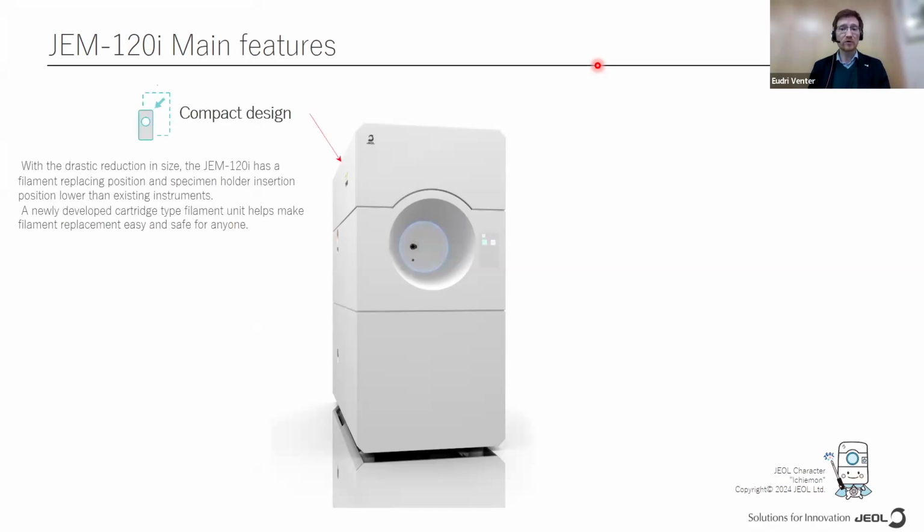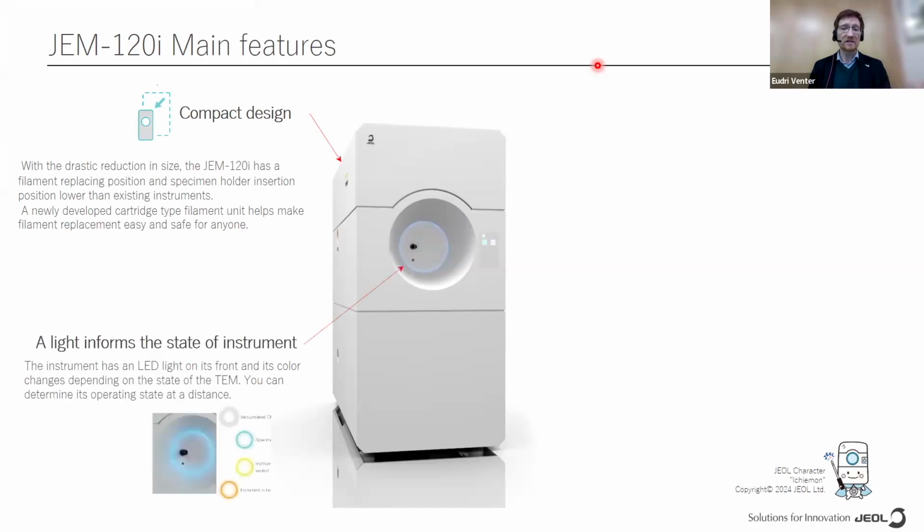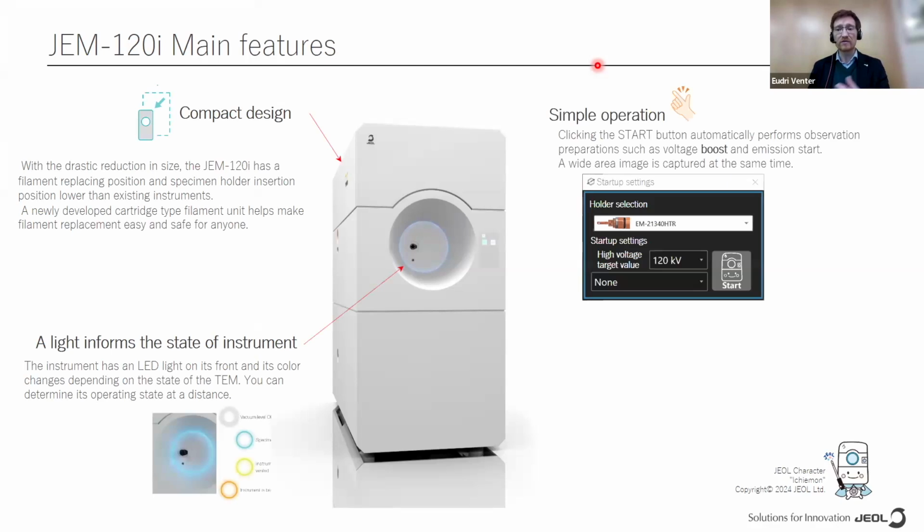The new improved compact design realizes a 50% reduction in physical footprint. There is an LED or visual indicator which allows users to easily observe the microscope status. There are numerous software and hardware improvements that have been made for simplified operation.